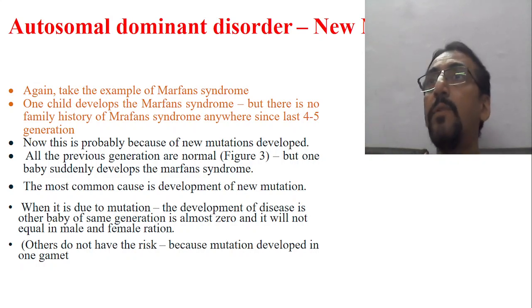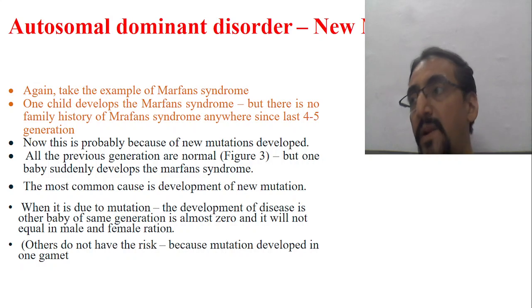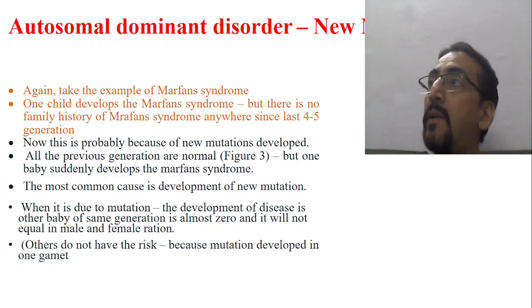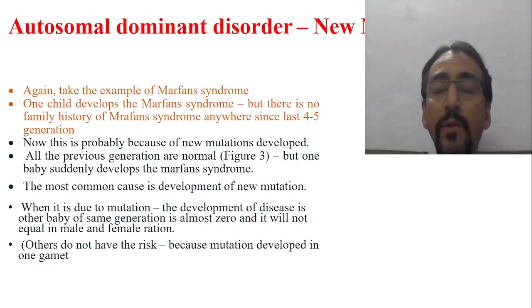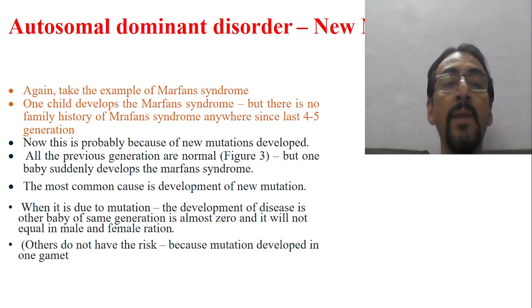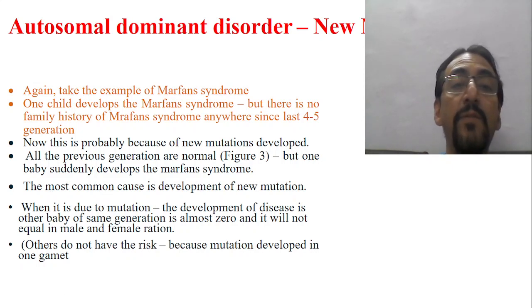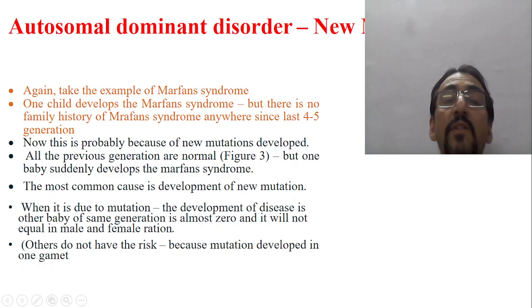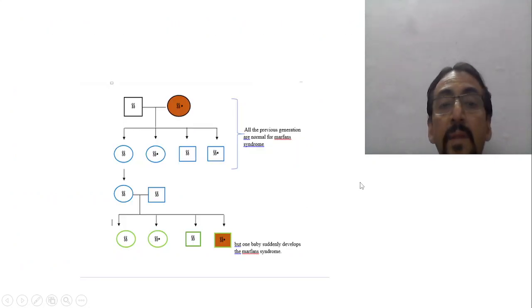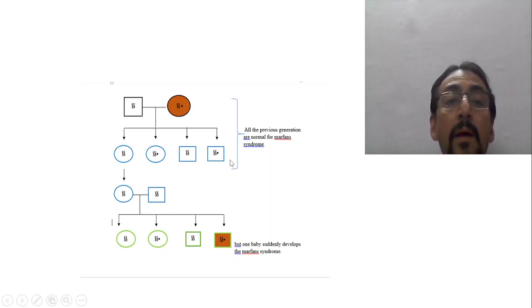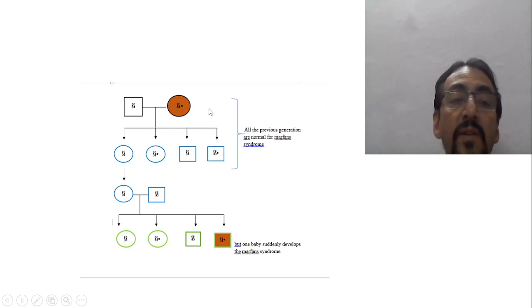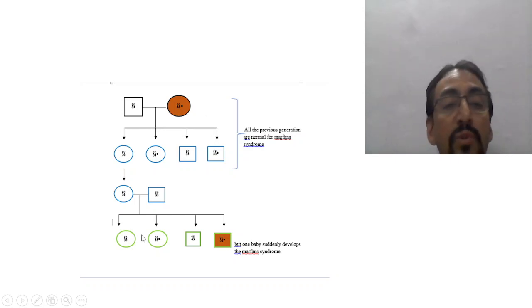Again, you take the example of Marfan syndrome. Okay, I will show the pedigree also. One child develops Marfan syndrome, but there is no family history of Marfan syndrome anywhere since the last 4 or 5 generations. You take this history. Now there may be one baby here, or see 3 or 4 families, and 2 of the families are not having the disease.